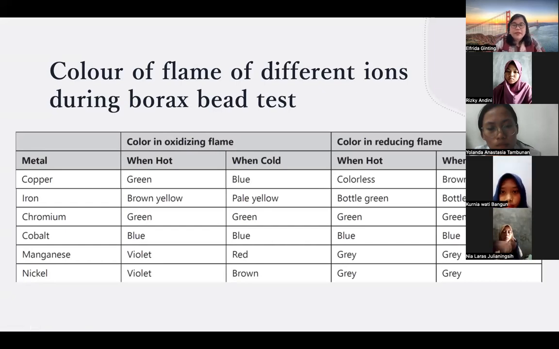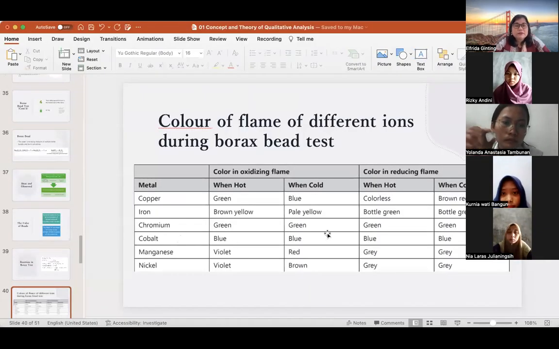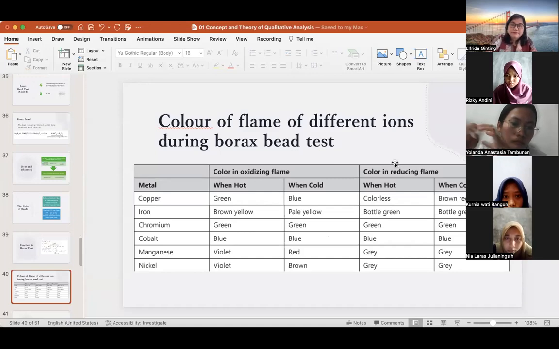So this is the nice part of the test using flame. Even a different region in the flame will give you a different color, and so different information. Until this part, do you have any questions?